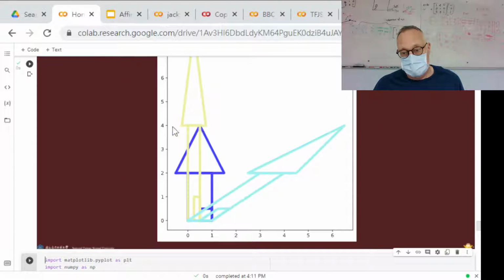So that gives us the yellow figure. And the cyan figure is a skew along the y coordinate. And you can see it's not a rotation, right? It's just shifted. It's not actually rotated. This line here is still parallel to the x-axis.